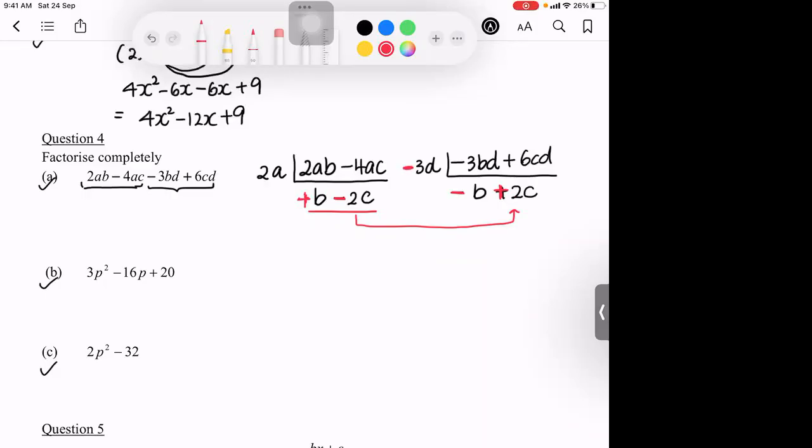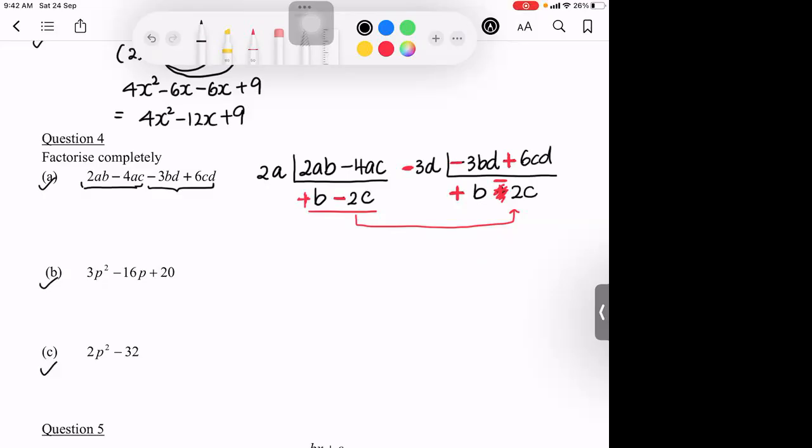The moment I factorize out a negative, negative divided by negative changes to positive, and positive divided by negative changes this one to minus. Then now the two of them will be the same. So I changed the sign, I multiplied by a negative.